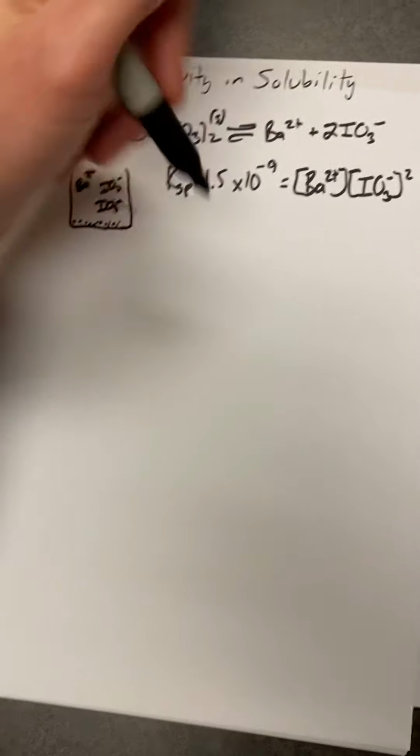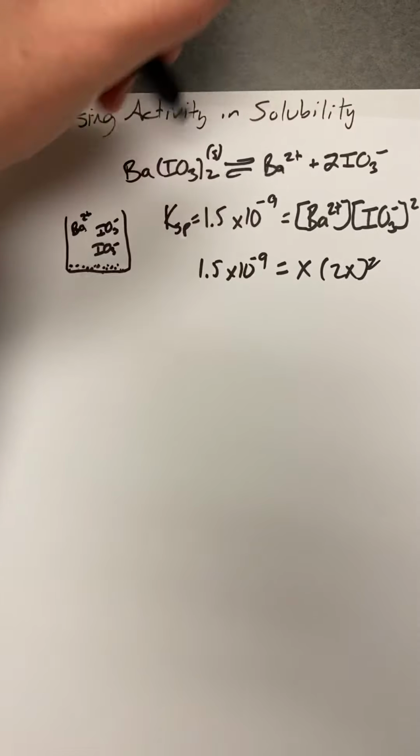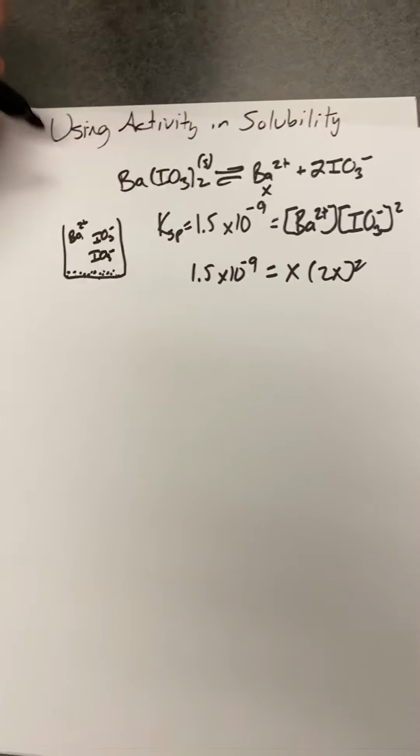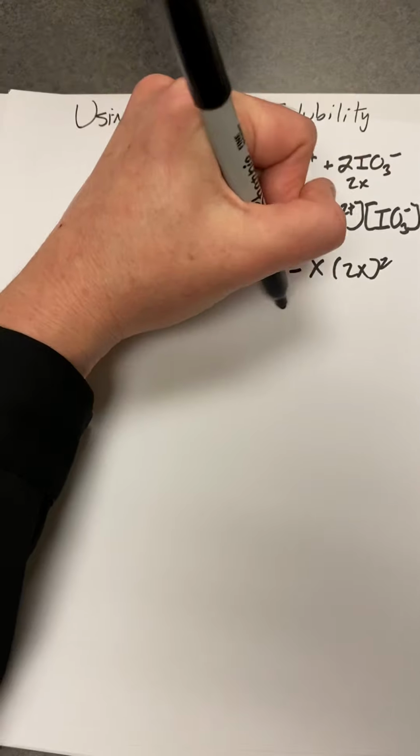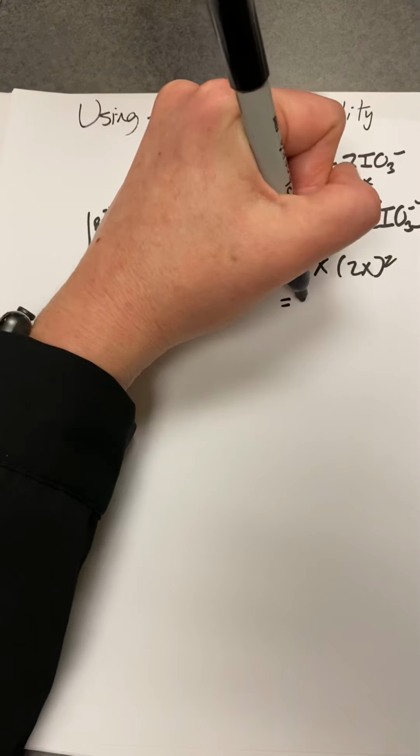All right, so if we were solving for standard molar solubility, we would set that 1.5 times 10 to the negative 9 equal to x times some 2x squared. That's because for every one of these we dissolve, we get one of those and two of these. And so when we put these here, if you work your way through it, you'll find that 1.5 times 10 to the negative 9 is equal to 4x cubed.